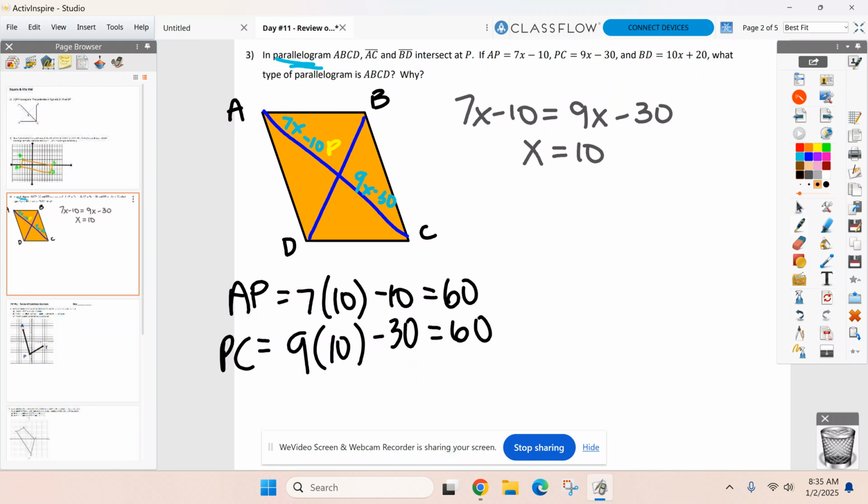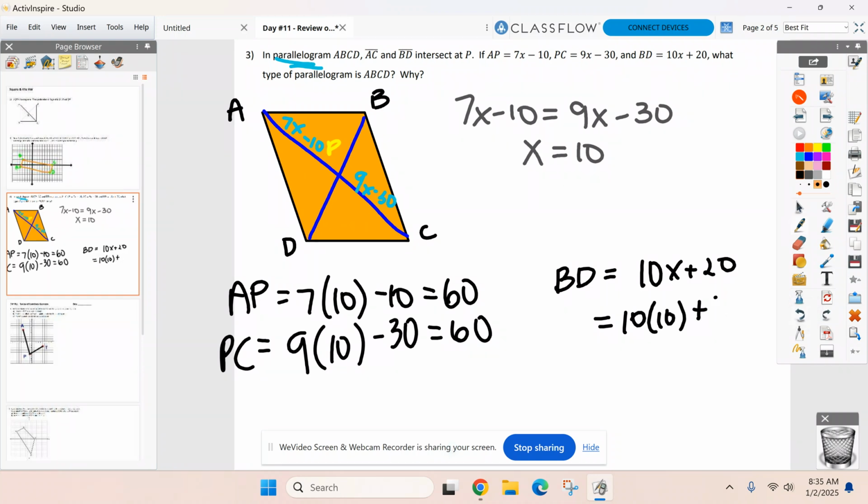Diagonals bisect each other. But what about the other diagonal, BD, which was 10x plus 20? Ready? 10 times 10 plus 20. That's going to give me 120. So what do I notice about diagonal AC and diagonal BD?